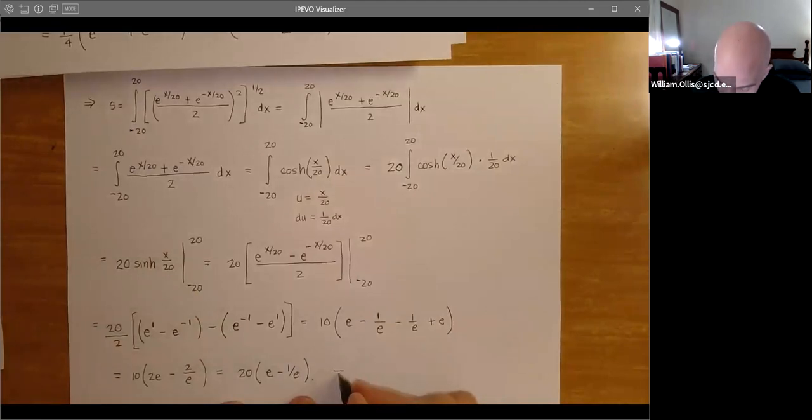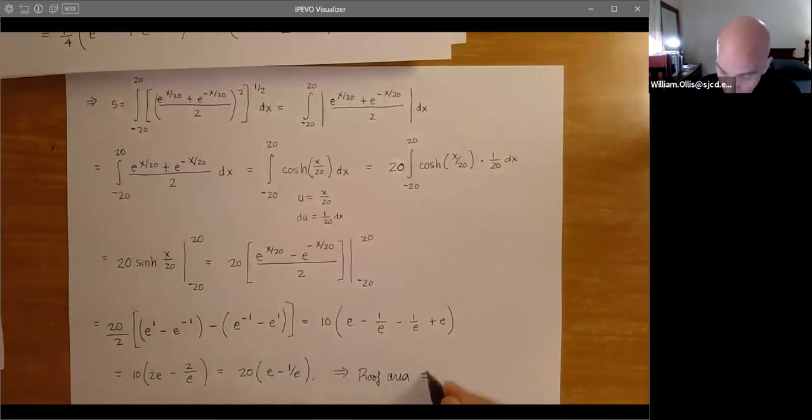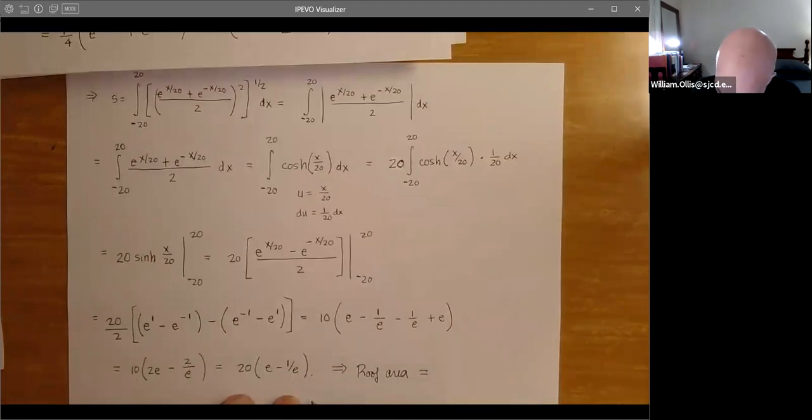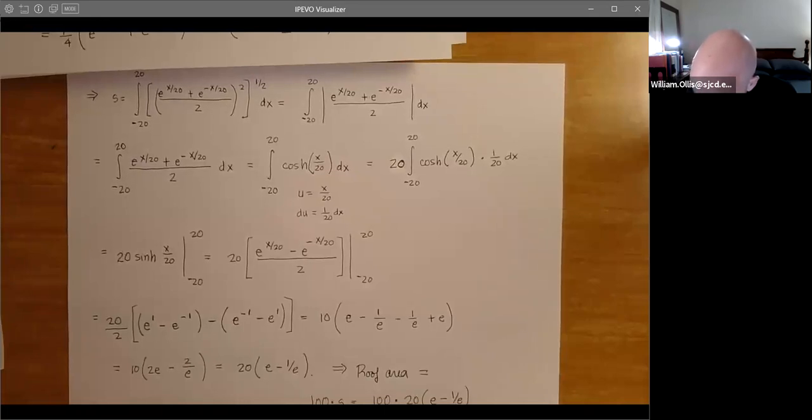So this implies that roof area is now, we just say 100 times the arc length. So 100 times S, and that will be 100 times 20 times E minus 1 over E. So exactly that gives us 2,000 times E minus 1 over E.